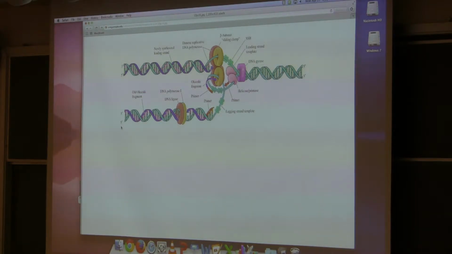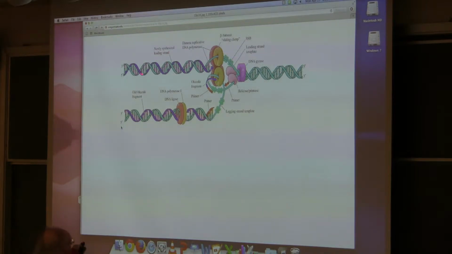5' to 3', bang. The lagging strand is also 5' to 3', but because it can only replicate in the 5' to 3' direction, and that is pointed in the opposite way, only a little bit of it can be replicated at any given time. How does that work?